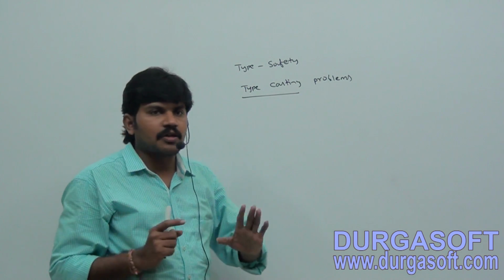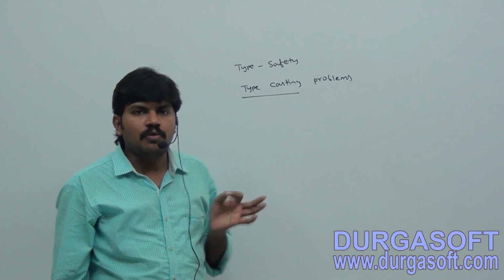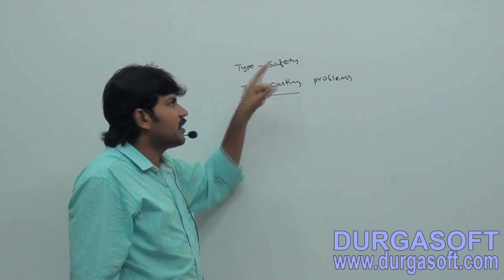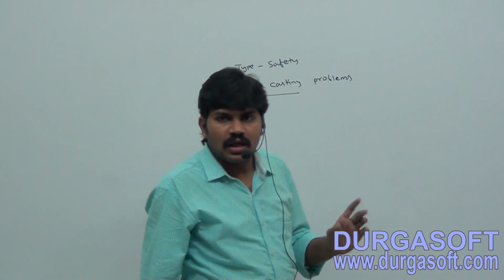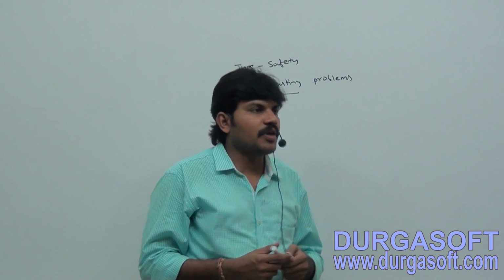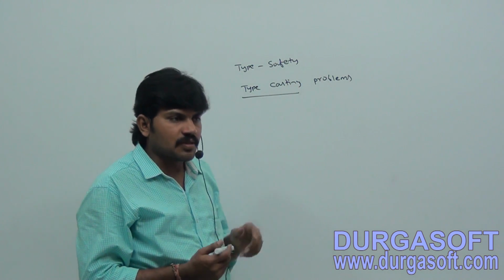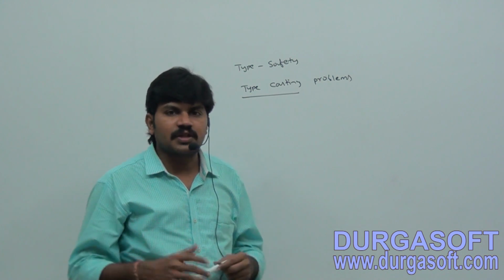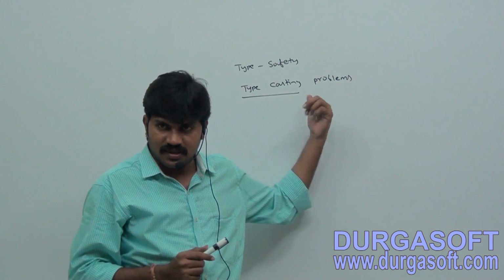In a single line, the main objective of generics is to provide type safety and to resolve typecasting problems. Then immediately you may ask, what is type safety, or what is the typecasting problem? The next 5 hours are a discussion of this concept only.